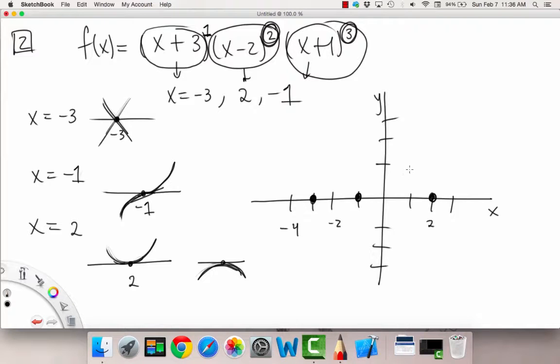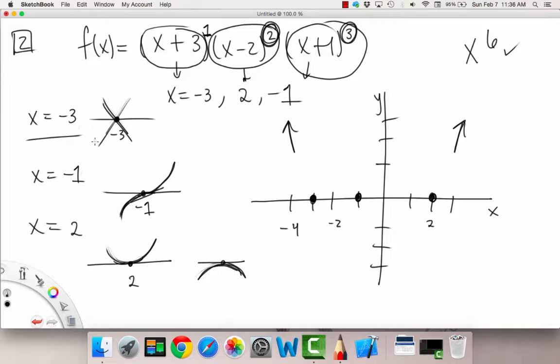From part 1 on the last slide, we know the long-run behavior: overall our function takes on the behavior of an x to the 6th graph, which means it has to go up on the left and up on the right as x goes to negative and positive infinity. That takes care of the long-run behavior. Now let's fill in our spots.